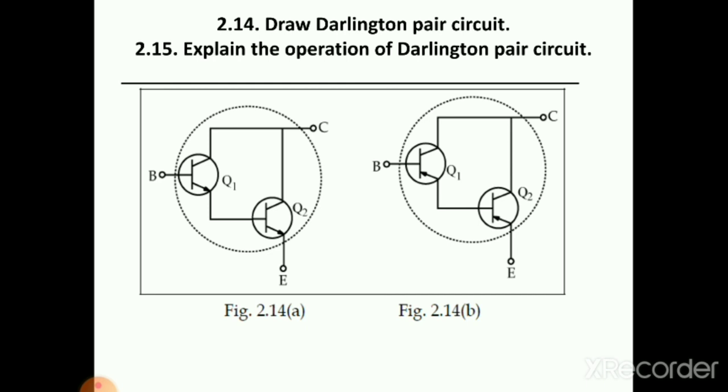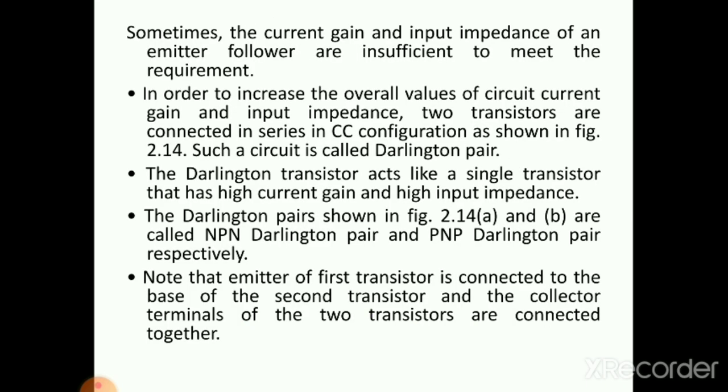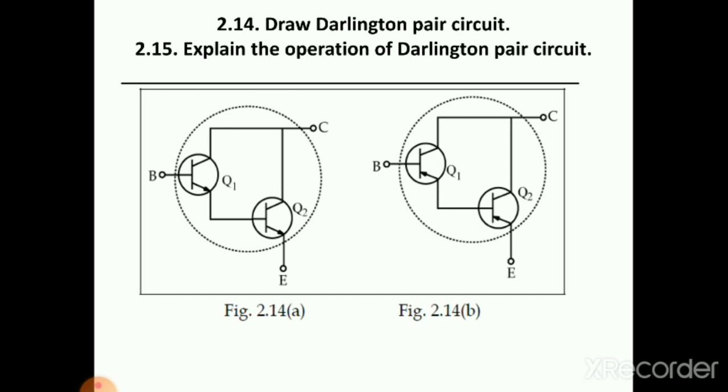If you see the circuit, particularly figures 2.14a and 2.14b, the first transistor is Q1. Sorry, Q1's emitter is connected to Q2's base, and in the second circuit also Q1's emitter is connected to Q2's base, and both the collectors are joined.